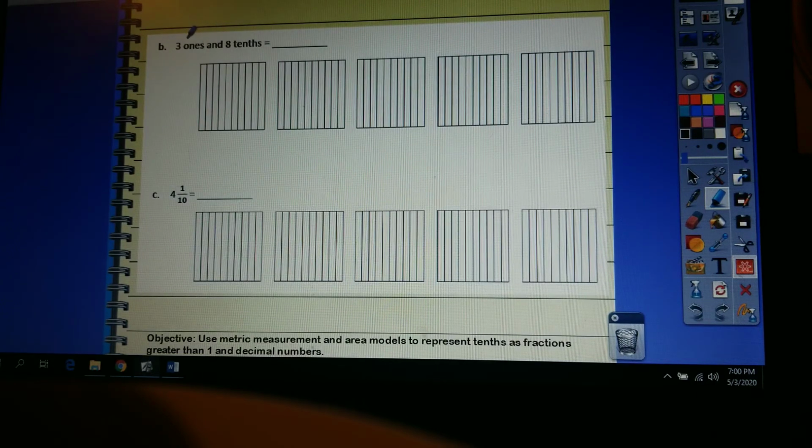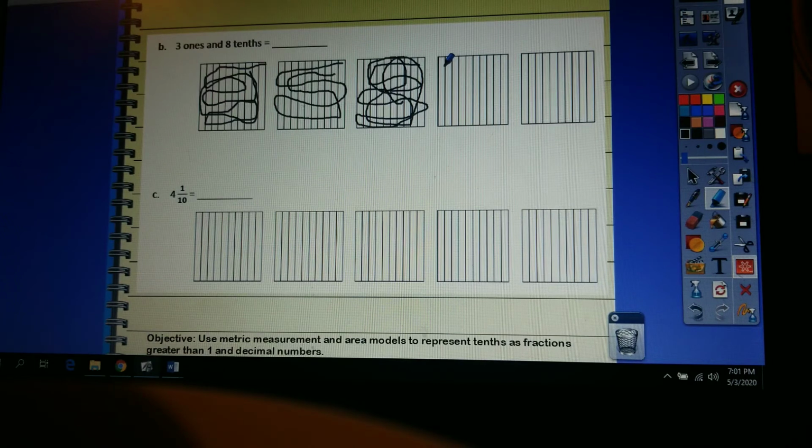Now, 3 1s and 8/10. Whew, okay, 3 1s. So there's 1, there's 2, there's 3 wholes. Woo! And, oh geez, 8/10. I like this next one. They only want me to do 1/10.